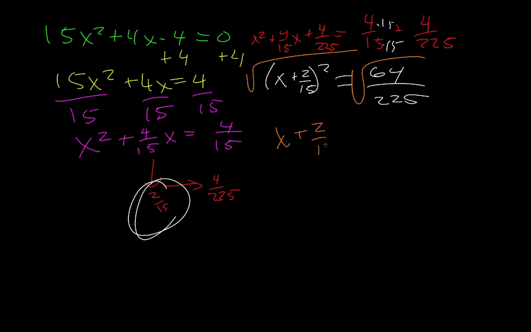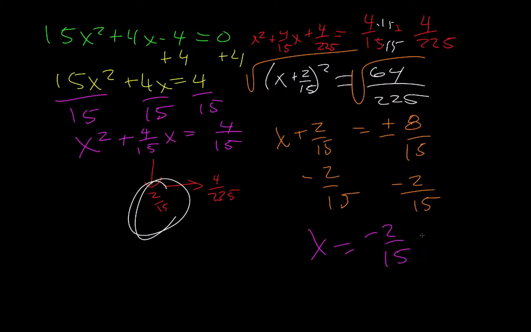X plus 2/15 equals plus or minus 8/15, because square root of 64 is 8 and square root of 225 is 15. Now I subtract 2/15 from both sides, and I get x is equal to negative 2/15 plus or minus 8/15.